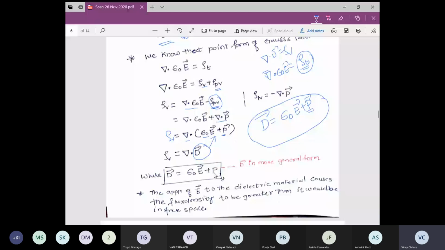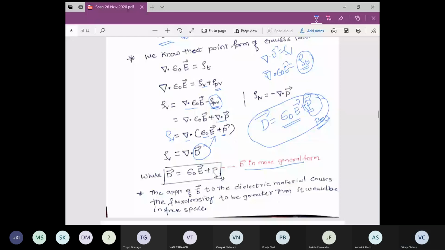This is D in a more general form. In free space, which is a space where we don't have any matter, there is no polarization. So P is equal to 0, and you get back the same result, D equal to epsilon naught times E.